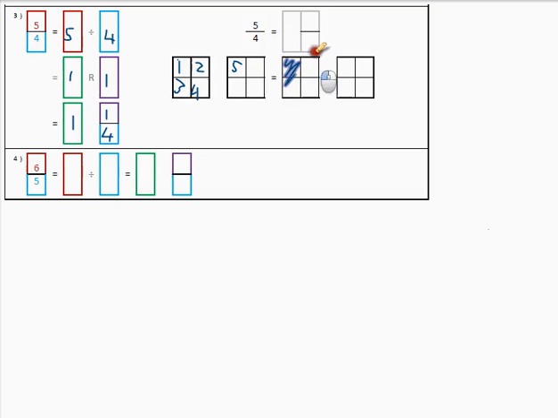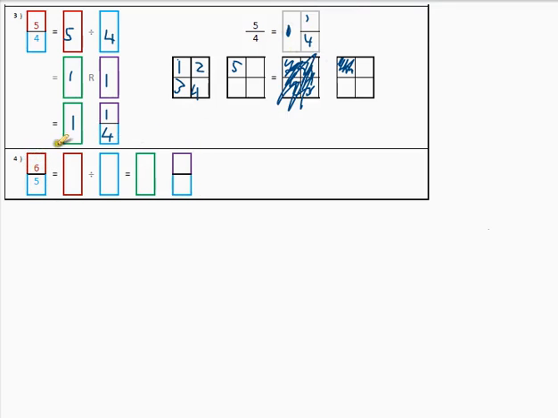So it will be 1 whole, oops, I can't draw very nicely here. 1 whole and another 1 out of 4. 1 and 1 out of 4, which is known as 1 1/4, okay?